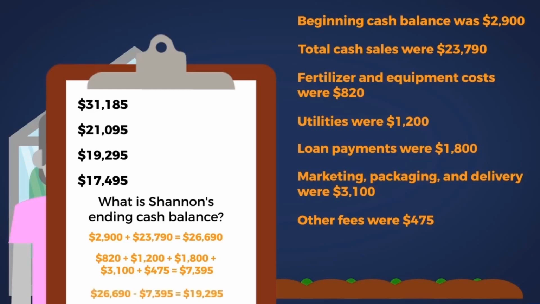Subtract that from $26,690, and we have an ending cash balance of $19,295. Remember not to concern yourself with the plausibility of the values you may be given to work with. Some scenarios will be more believable than others. Just work with the information you're given.